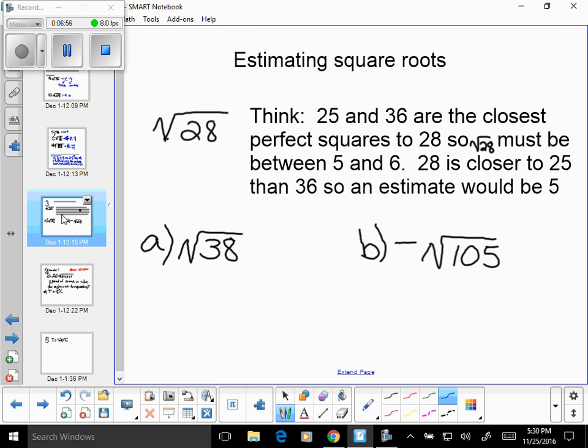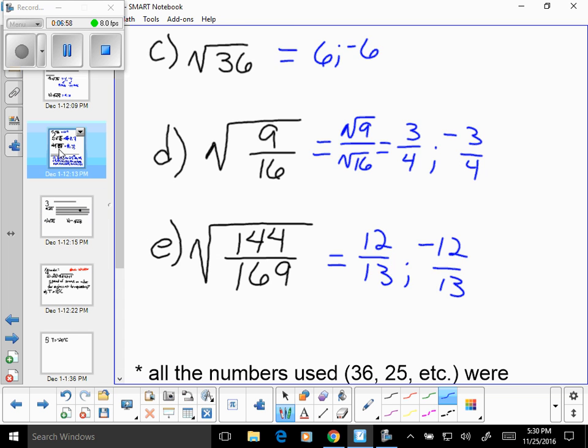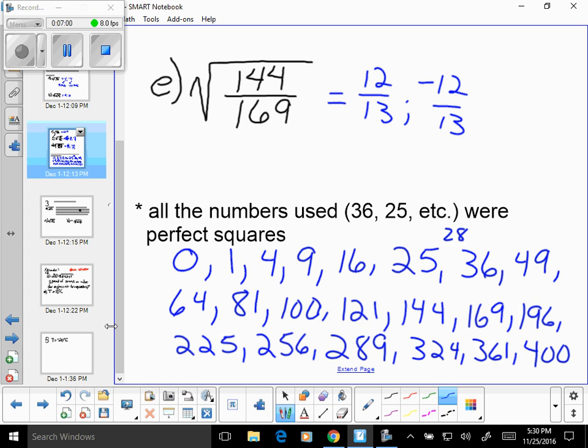So we look at 38. Okay, if we go back to our perfect square list, 38 is going to be between 36 and 49.